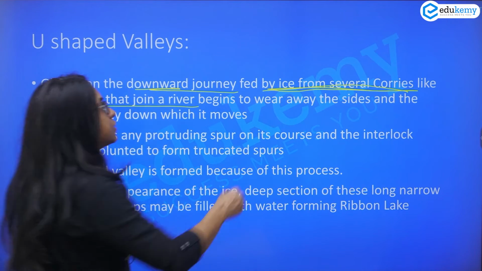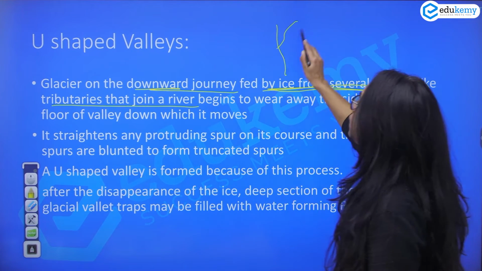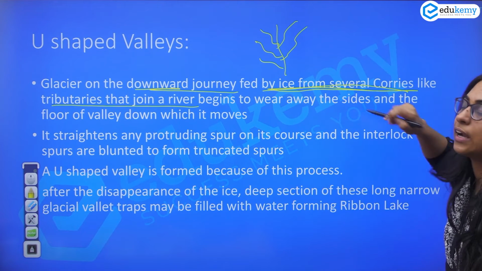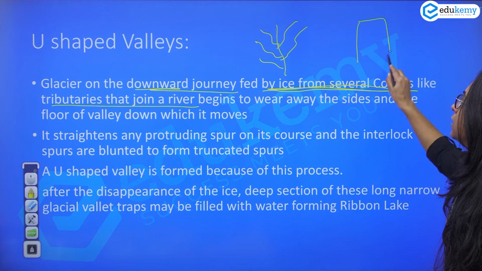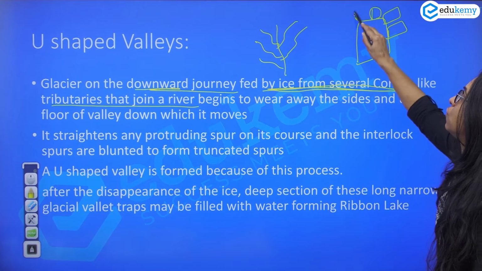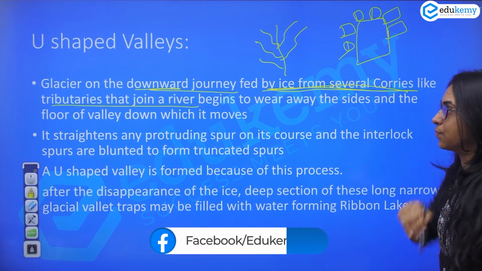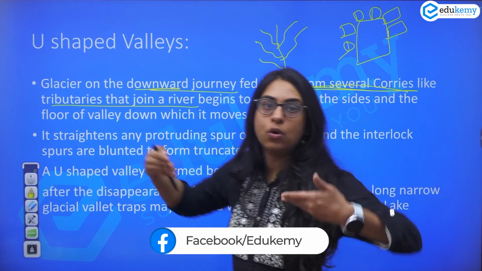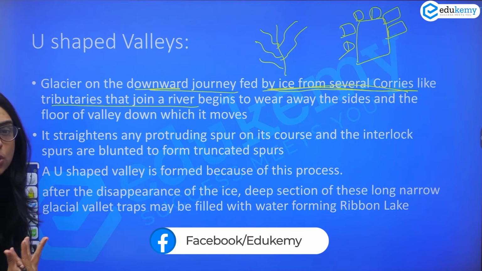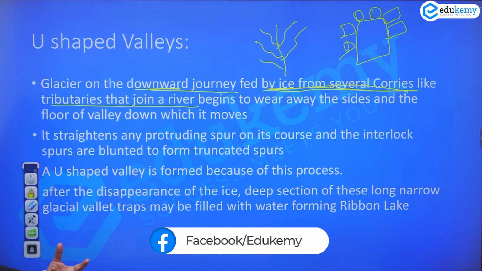If this is the main river, there is one tributary, another tributary, a third, fourth, fifth tributary. Similarly, that happens with the glacier also. This is the main glacier, and we have one glacier, two, three, four, five, six glaciers feeding it.